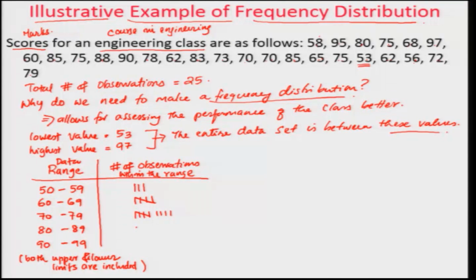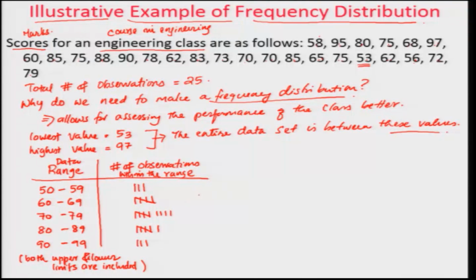So, 6. And then 90 to 99, so you will have 1, 2, 3, only 3.